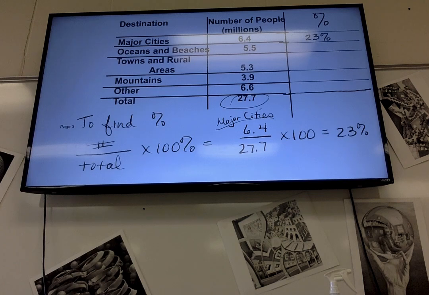All right. Hopefully y'all are getting some. What'd you get for oceans and beaches, Arthur? 20. Yep, it rounds up. It's like 19.8555. But yeah, it rounds up to 20.